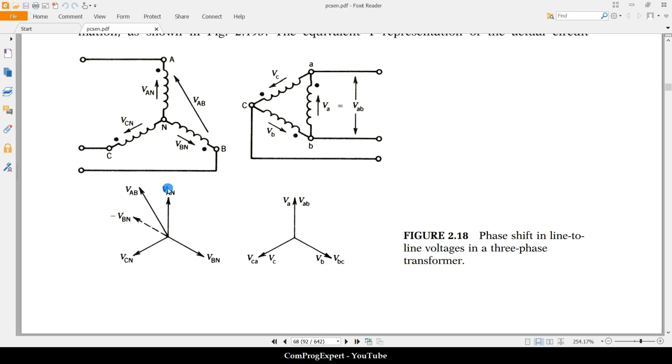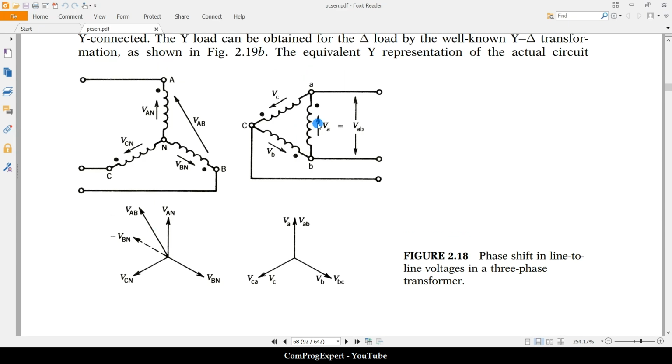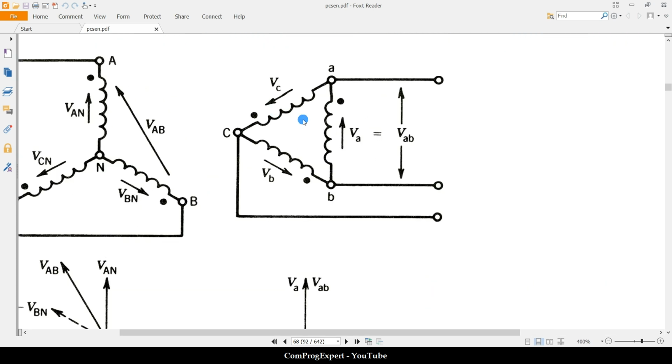So here in the secondary side, we have this VA, consider the dot point, VB, and VC. The summation of voltages in this loop must be 0. Otherwise, we have a high circulating current inside the transformer for the delta connection.